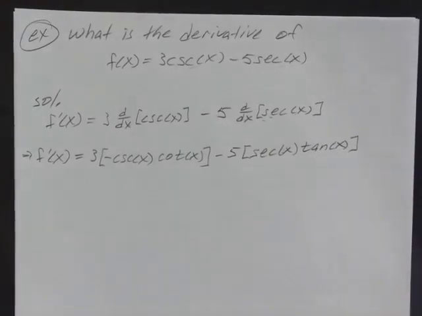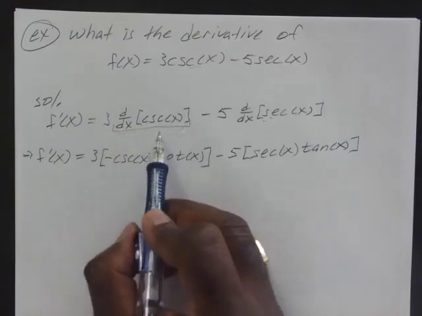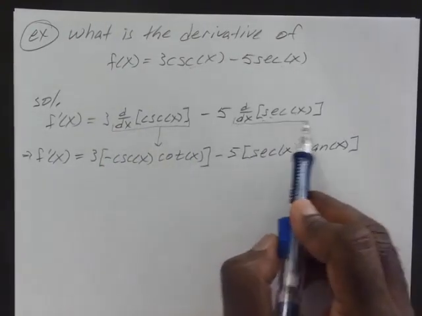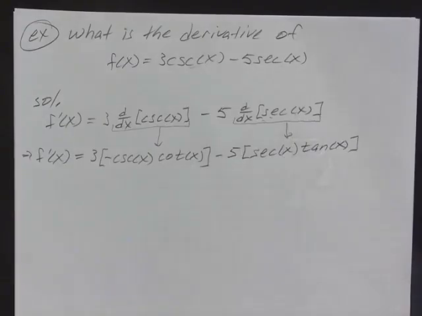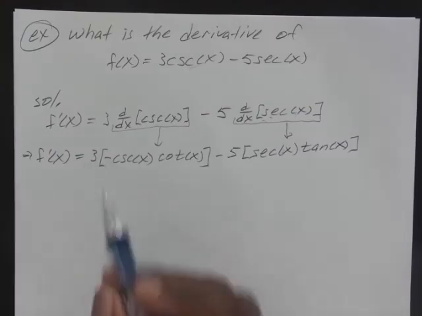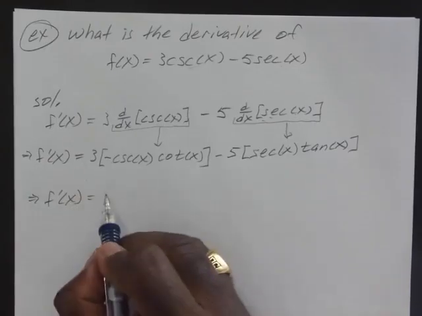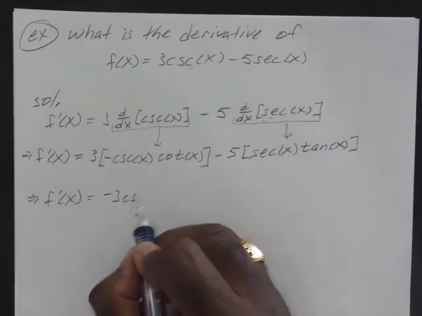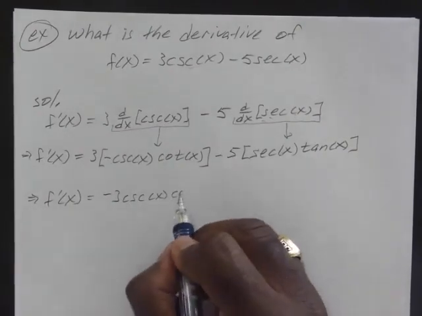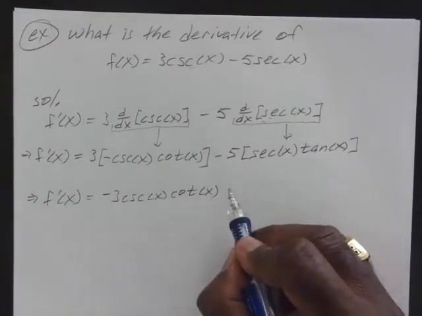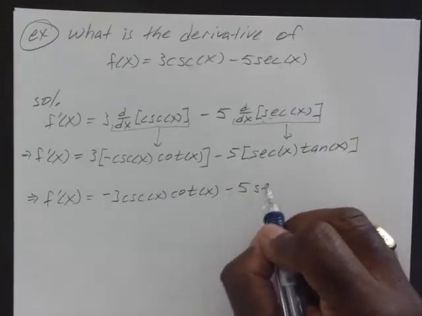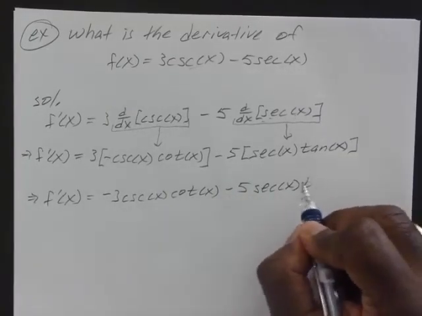Here we go. So this derivative we just replaced with that, and this derivative replaced with that. Okay, so now we can just simplify it by factoring out that -1. So our derivative is equal to -3 times cosecant of x times cotangent of x minus 5 times secant of x times tangent of x.